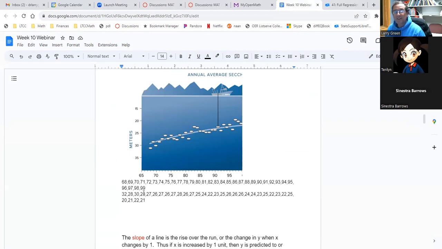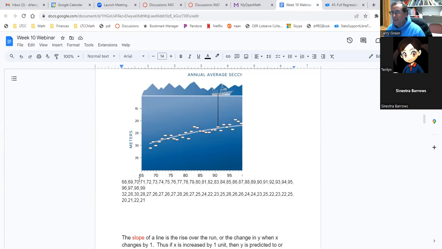Here's the hint: it's not the year 0 in this case, and this 65 is not the year 65 either. What did that 65 represent? Yes, that was 1965.